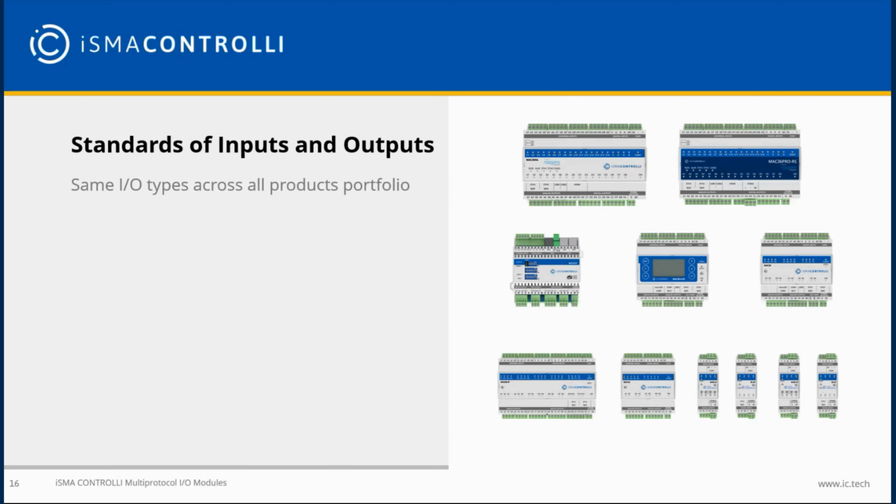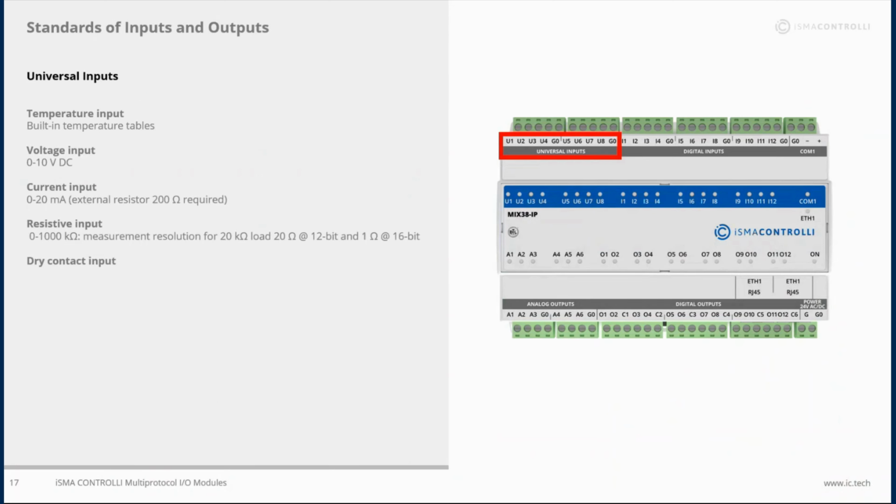What's important in terms of flexibility, we have standard inputs and outputs in all of our product portfolio, especially in our multi-protocol I/O modules. So the same types of inputs and outputs throughout our products. Let's start with the universal inputs, which support built-in sensors.